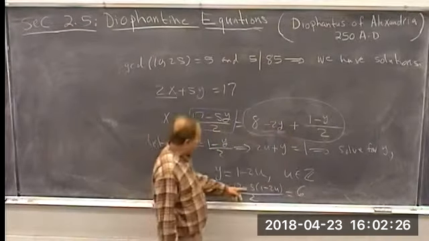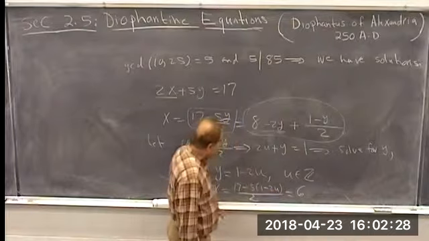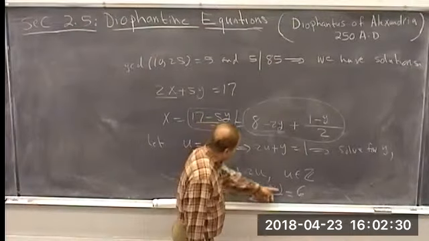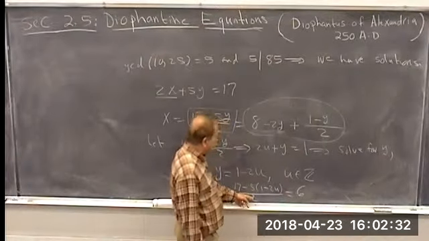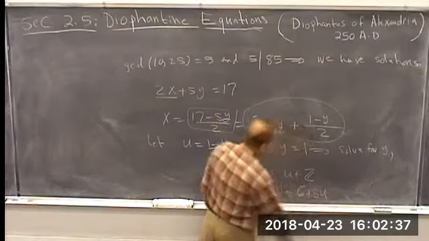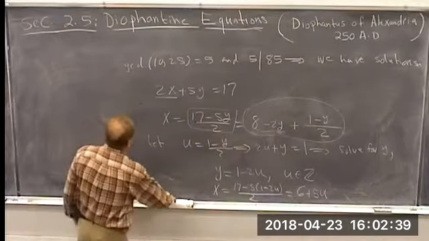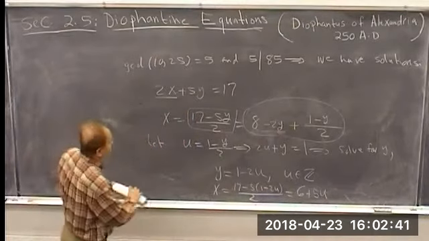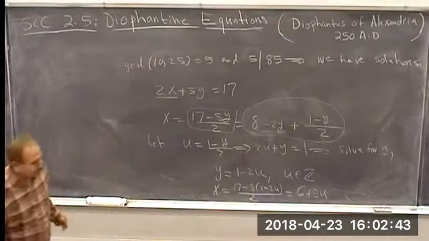And then we have positive 10u divided by 2 is 5u. Okay, so this is the solution, all right?